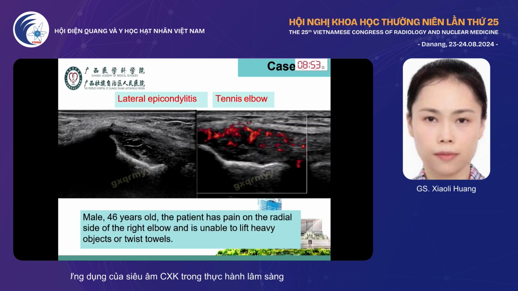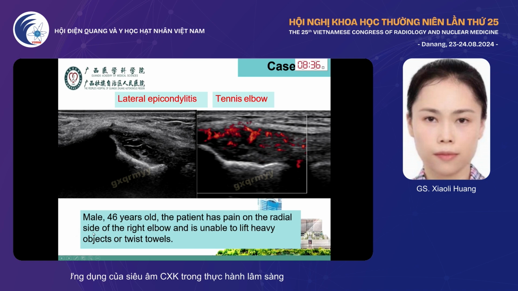Case 4, male, 46 years old. The patient has pain on the radial side of the right elbow and is unable to lift heavy objects or twist towels.